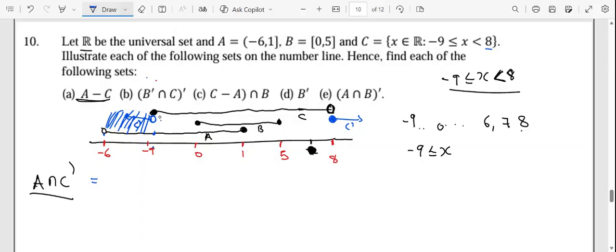So here I'll write it open, because it was part of C but in the complement is not found. Here it's not closed, so we don't know whether this A was ending at negative 5 or what. We don't know, but they just list it here.